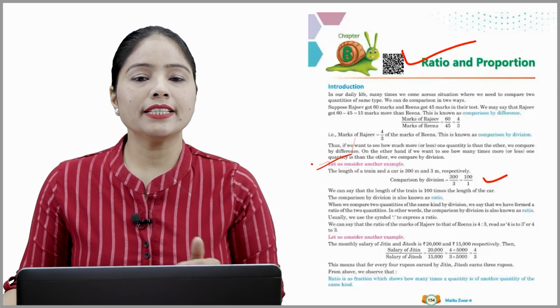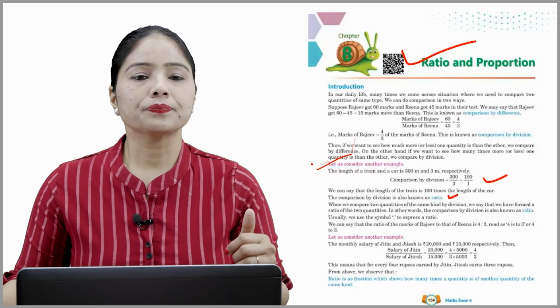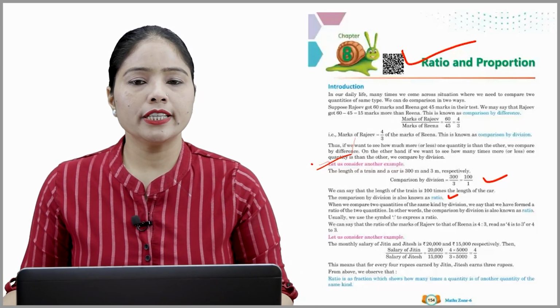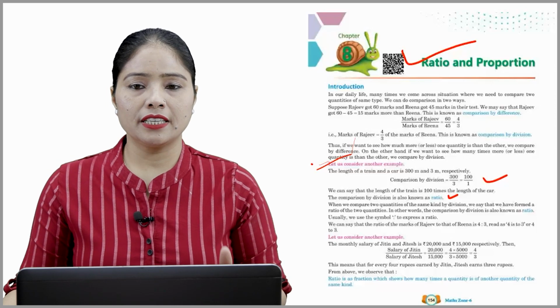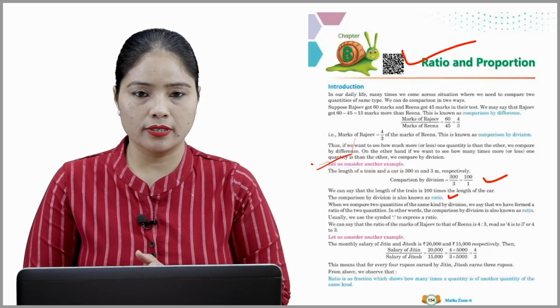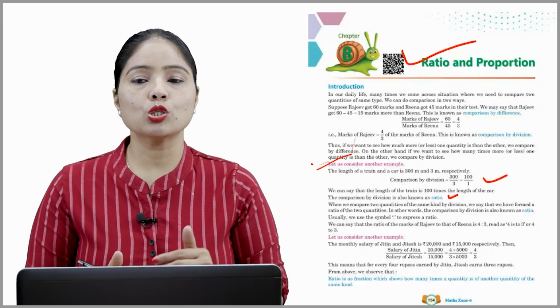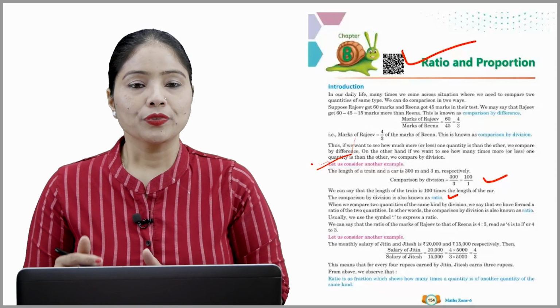The comparison by division is also known as ratio. When we compare two quantities of the same kind by division, we say that we have formed a ratio of the two quantities. In other words, the comparison by division is also known as ratio.